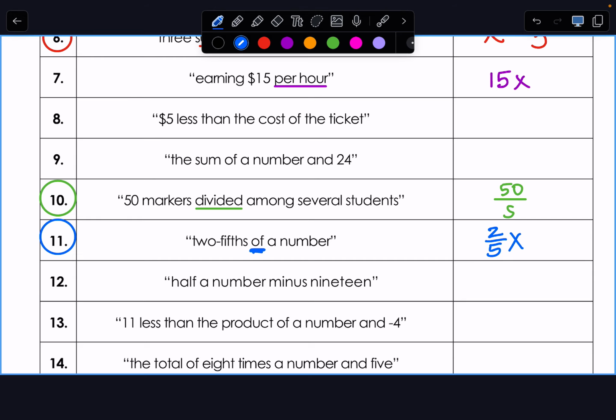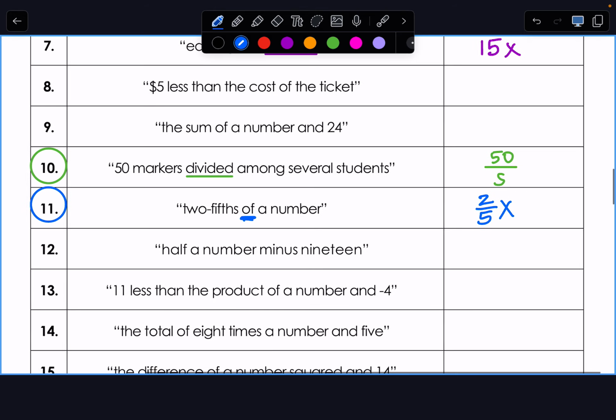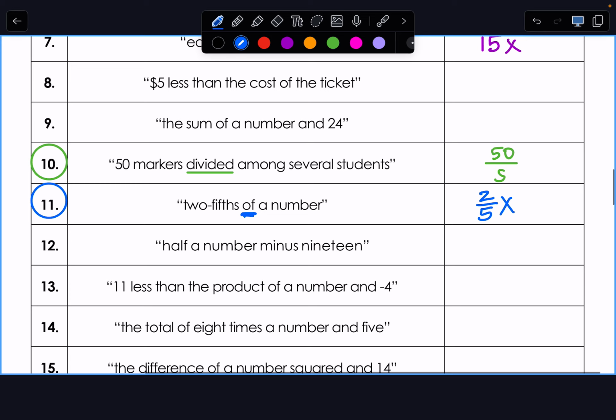Okay, some of you are ready for me to be done talking. I promise I'm almost done. Let's do number 12 and then maybe we can give it a go. Number 12. Half of a number minus 19. I have 2 buzzwords in this one. Half of a number and minus.